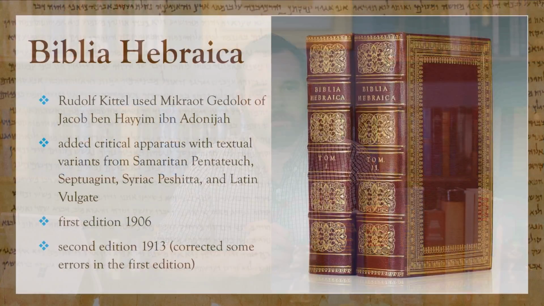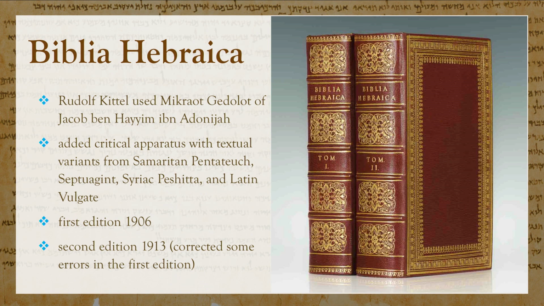So this process has been going on for a long time, and the first version of the critical text of the Hebrew Bible was known as Biblia Hebraica. Versions 1 and 2 were done by a man named Rudolf Kittel. So that's a very important name in the history of comparing these manuscripts.